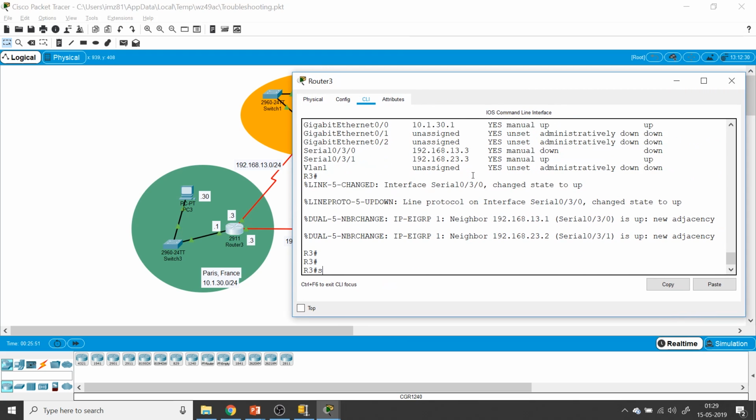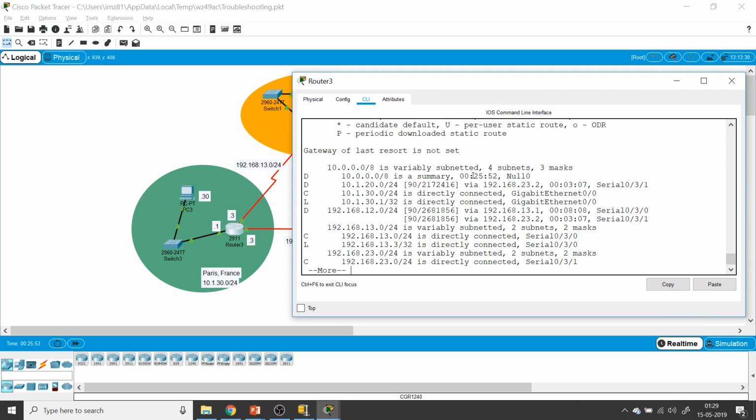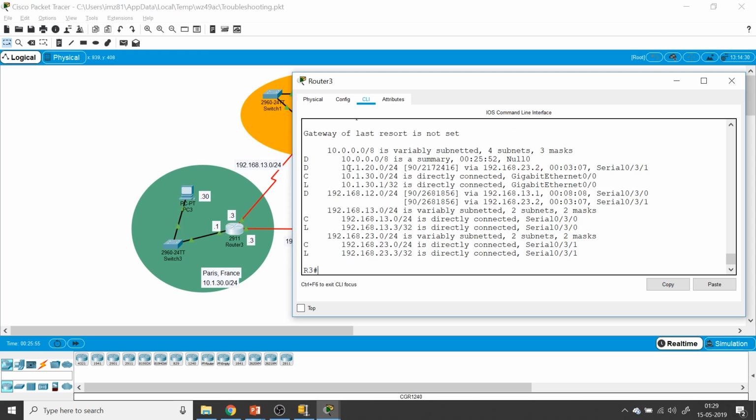Let's do this. Show IP route. I know 10.1. So let's say this packet is coming for 10.1.10.10. There's no 10.10. He has no idea who 10.10 is, but he knows there is a summary address which goes to Null0. That means he's saying, you're asking for 10.1.10.10.